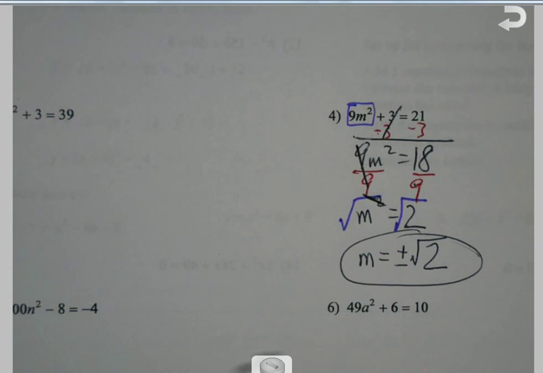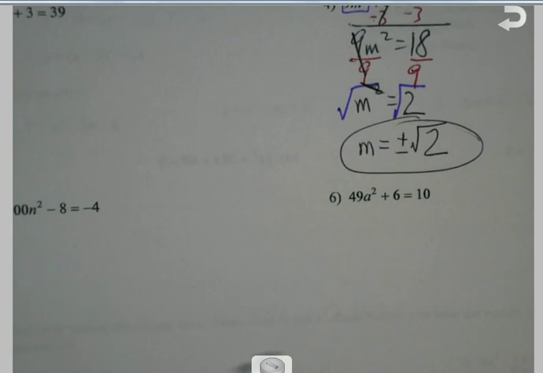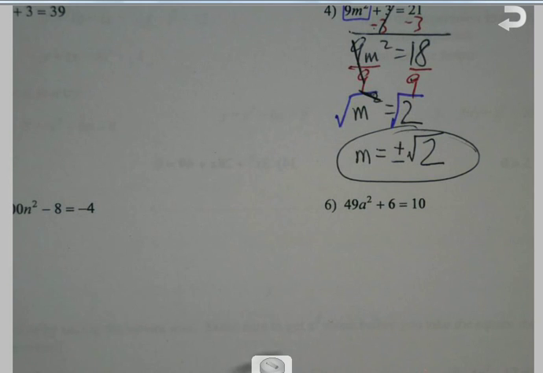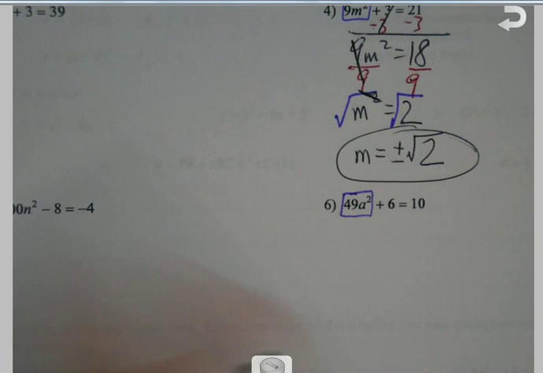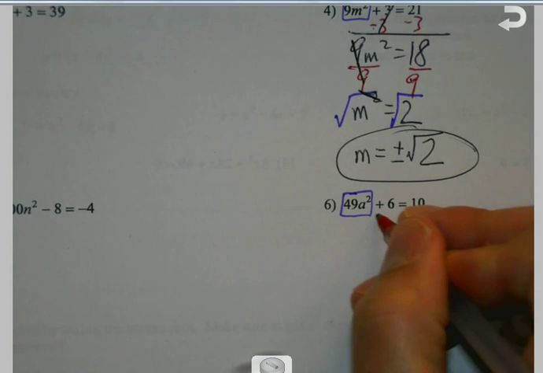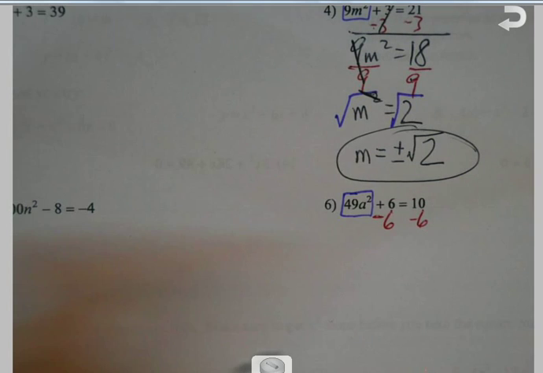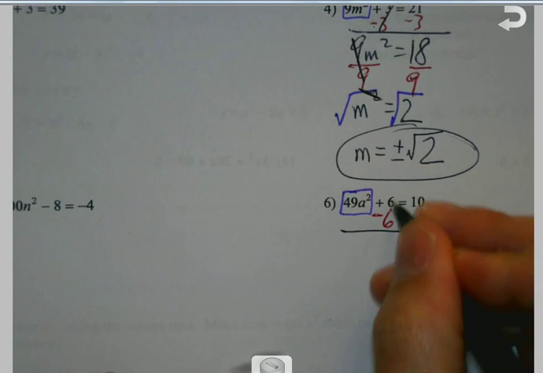Now, sometimes it may break down a little nicer than that. So let's say I go down to 6. Now, I look like I'm in the same dilemma as the first one. I want to get my a squared alone first. That's always going to be my first job.